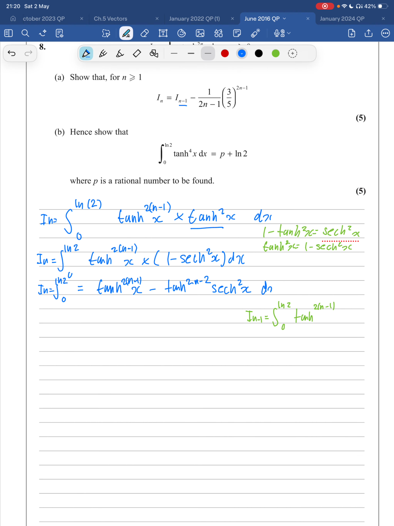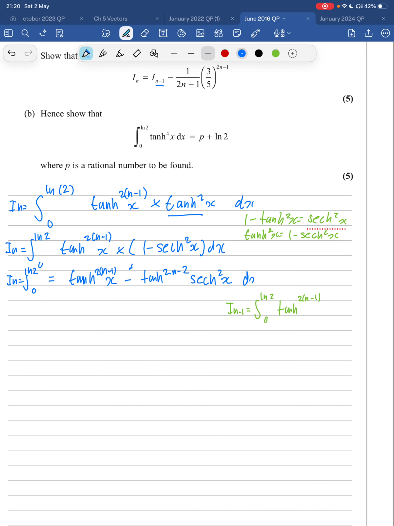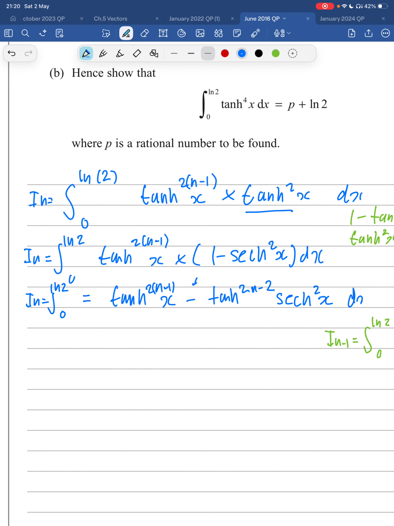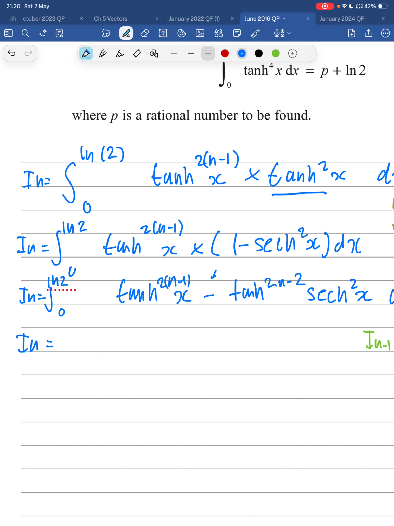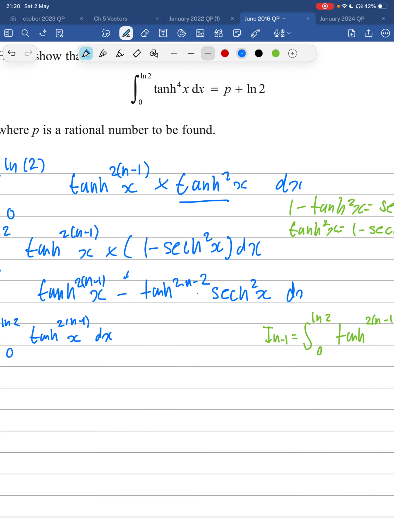Because now we have this, if it was multiplying, we wouldn't, but we can split this into two different integrals because we're not multiplying. So this can be split. So let's write this down again. The integral from ln 2 to 0 of tanh^(2n-2) x dx. Let's close that. I always forget the x's when it comes to this one.